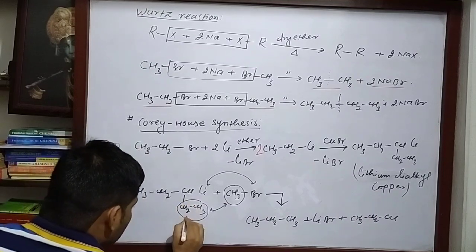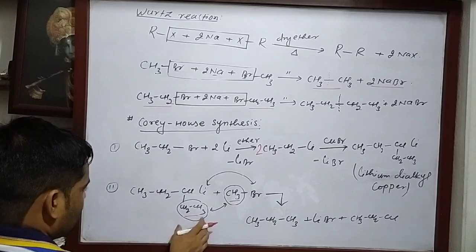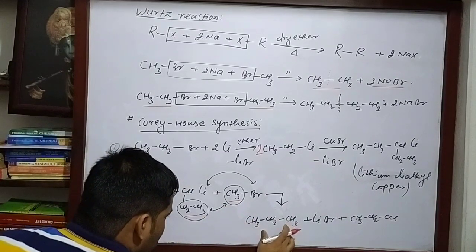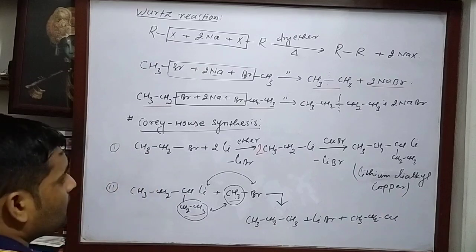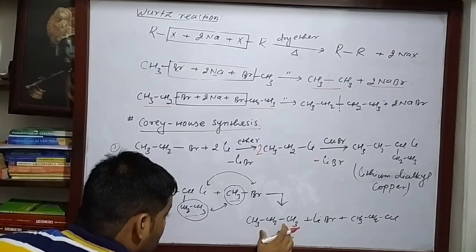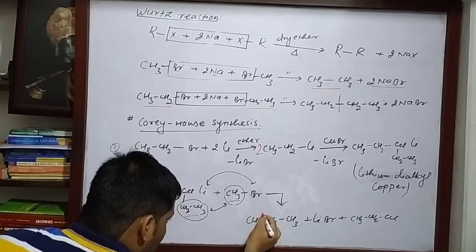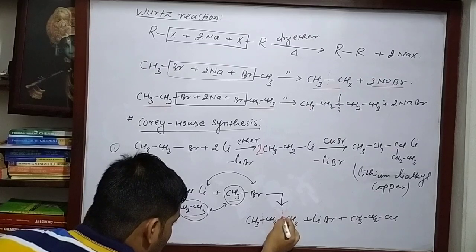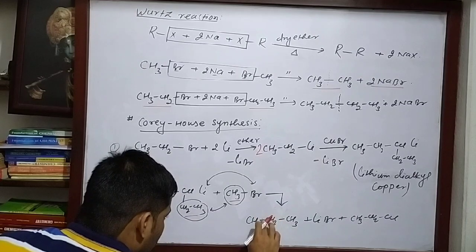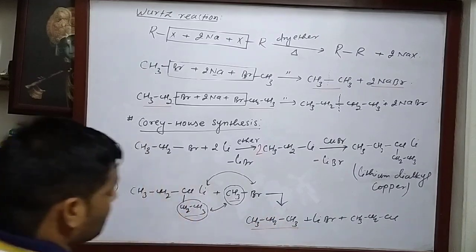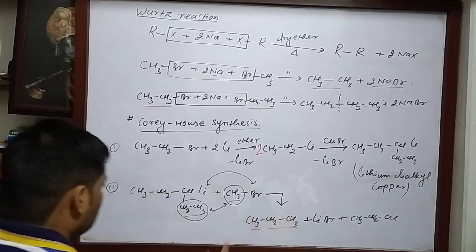Here it contains 2 carbons, and this alkyl group contains only 1 carbon, so 2 plus 1, a 3 carbon alkane is obtained, and this alkane contains an odd number of carbons, not an even number, and this alkane does not divide into equal halves. When you divide from here, methyl and ethyl, this alkane does not divide into equal half parts, therefore this is an unsymmetrical alkane containing an odd number of carbons.